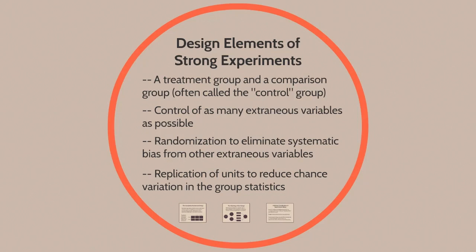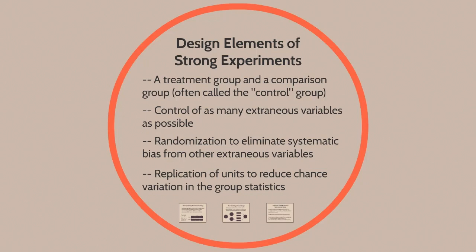And then finally, the fourth item for a strong experiment, is replication of units to reduce chance variation in group statistics. What we just mean by that is we're not just going to compare one person to one person. We want to have as many individuals in each of the groups as is feasible in order to enhance our study.